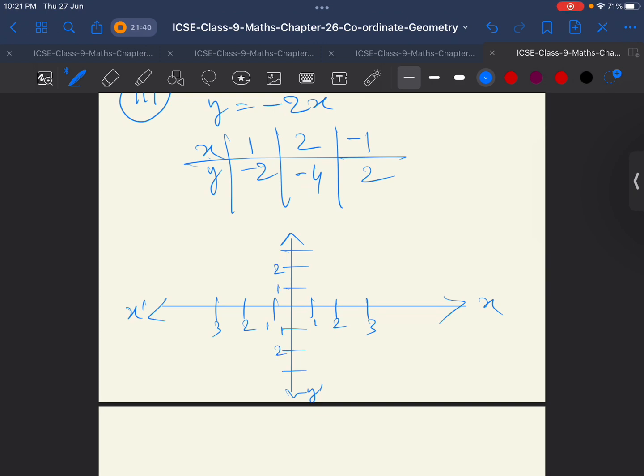Okay, 1, minus 2 is here, and 2, minus 4 is here, and minus 1, 2 is here. So now we draw the straight line. Okay, this is the straight line.